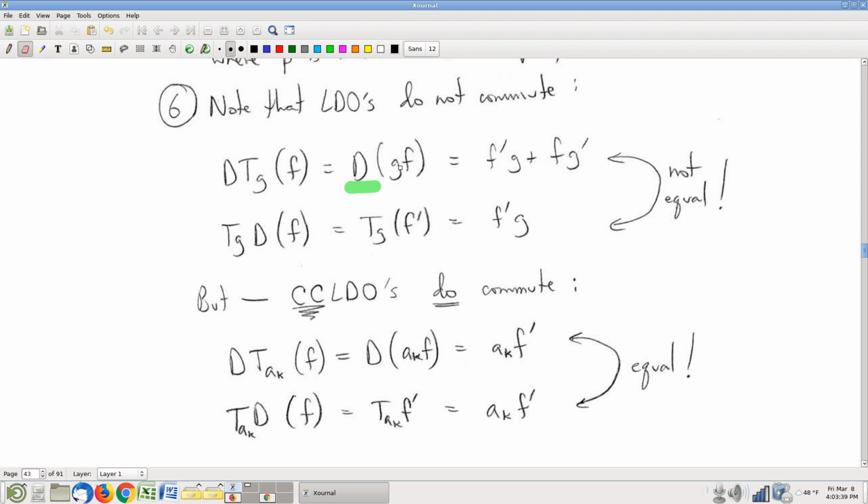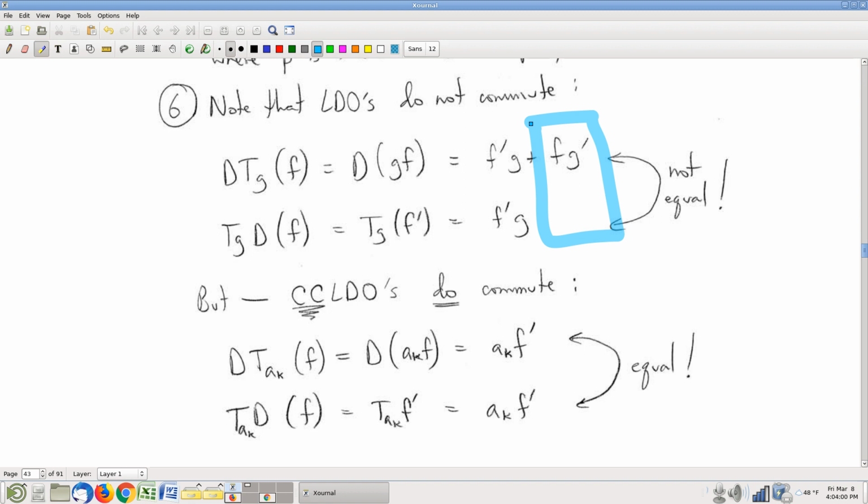Whereas if you do it in the other order, if you take the derivative first, there's no product rule. You're just taking the derivative of just f. And then if you subsequently multiply by g, there's no product rule. So that extra term from the product rule is why they don't commute.